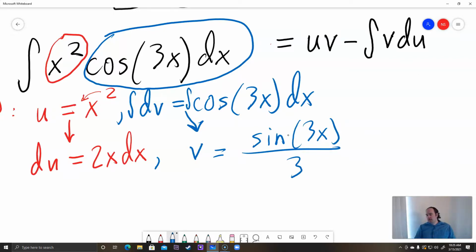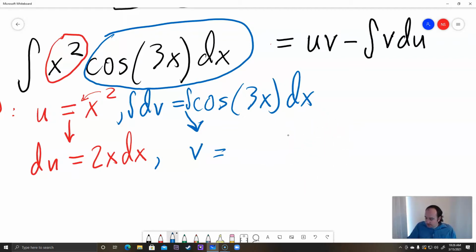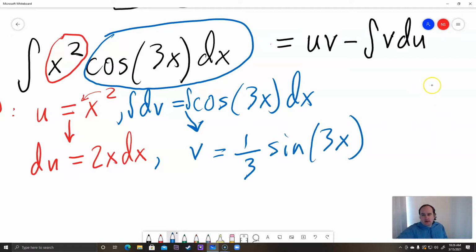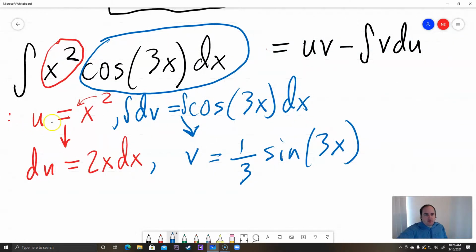Okay, and then the standard way to write that, though, would be 1/3 sine of 3x. So let me write it in the more standard way. So 1/3 sine of 3x. There's our v. Okay, so now we have our u, our du, our dv, and our v. So we're ready to plug everything in to the right side of the formula.